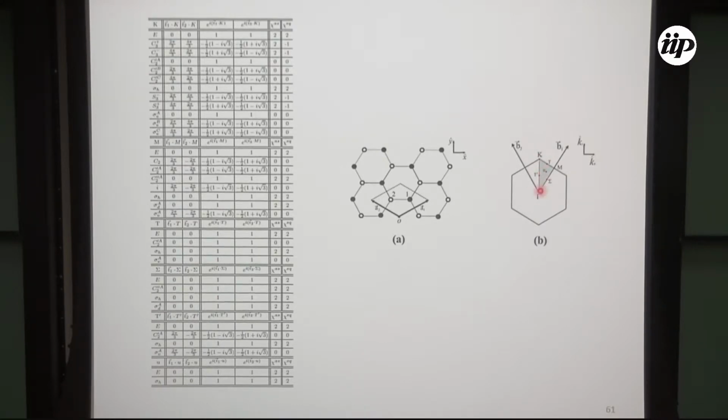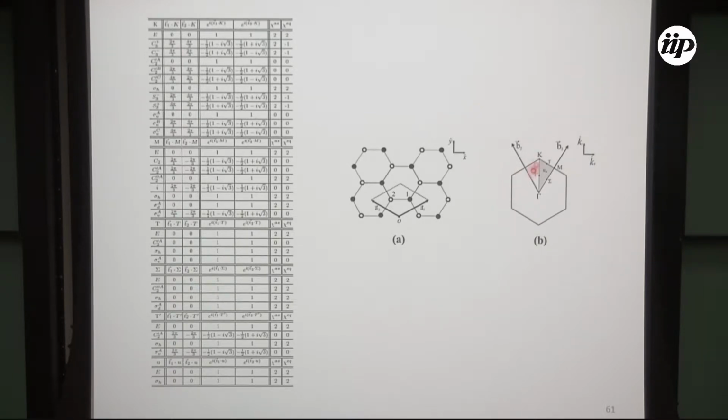The gamma point has the C6 symmetry, six-fold symmetry. The K point doesn't have the same symmetry, because these two K points here are not equivalent. This K point is equivalent to this K point here, but it's not equivalent to this one. Graphene is a little bit weird.